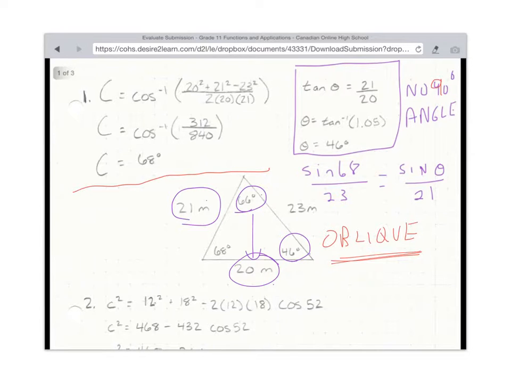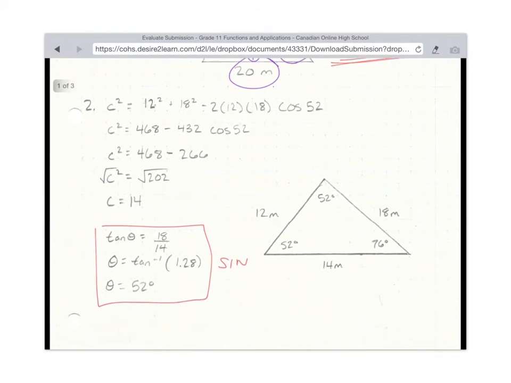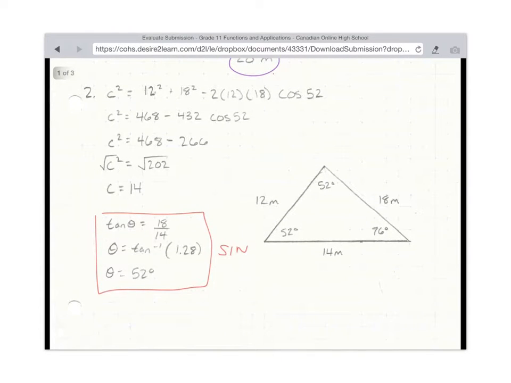Okay. So if we move down to number 2. You did the hard part right. You did the cosine law just great. And then we ran into trouble finding the second angle because you tried to use the tan ratio, which again is only good for a 90-degree triangle. We need the sine law here in order to find the other angle in this triangle.